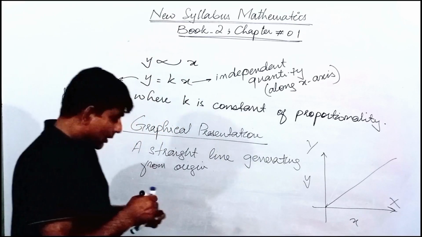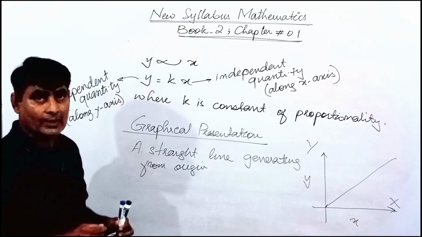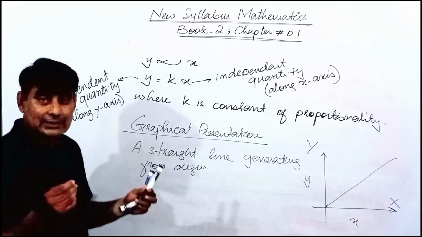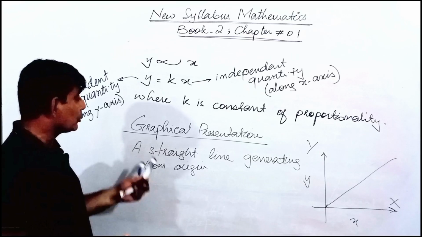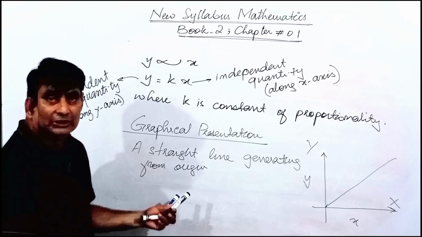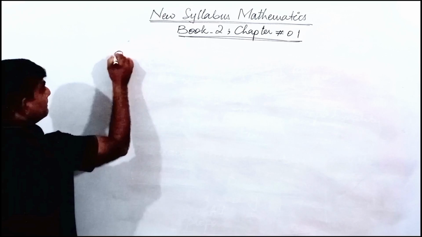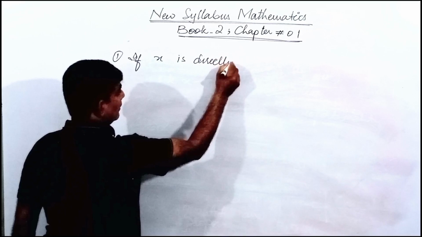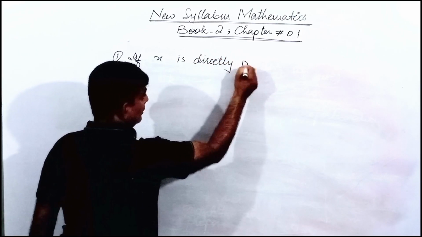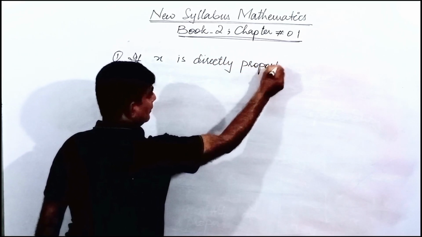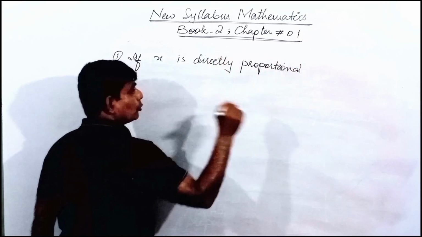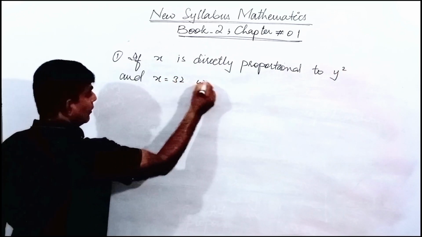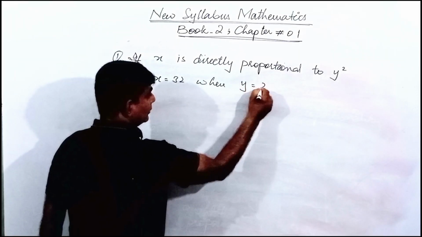Now we consider some questions to solve and to show you how easily we can solve a question related to direct proportion. The question is: if x is directly proportional to y square, and x equals 32 when y is equal to 2.